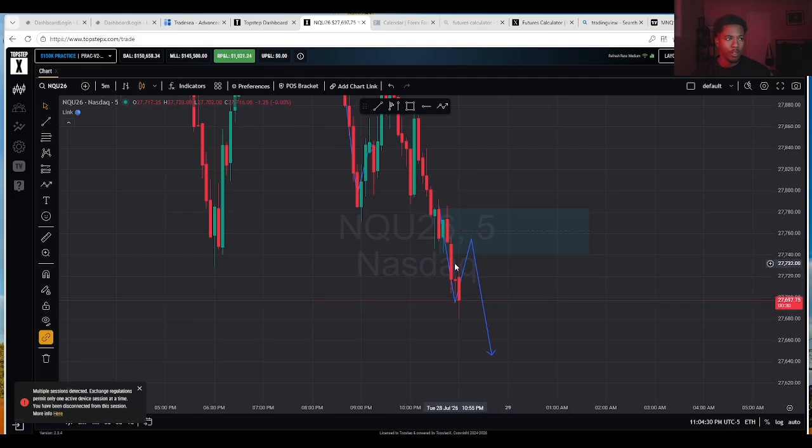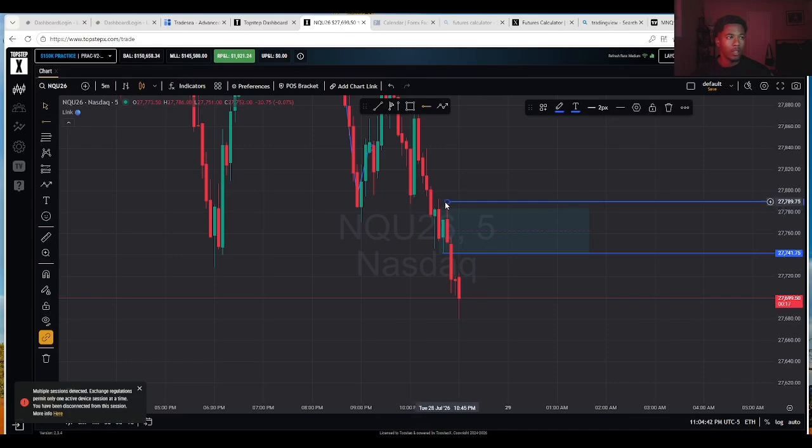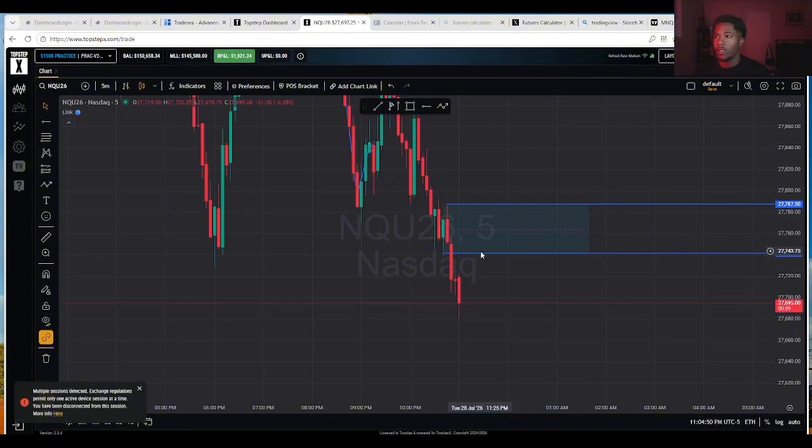Because when I get in this trade, I want my entry to be somewhat in this area where the zone first started, and I want my stop loss to be above this area where the top of this wick is, since this is my level of supply. So my entry will be here and my stop loss will be here.